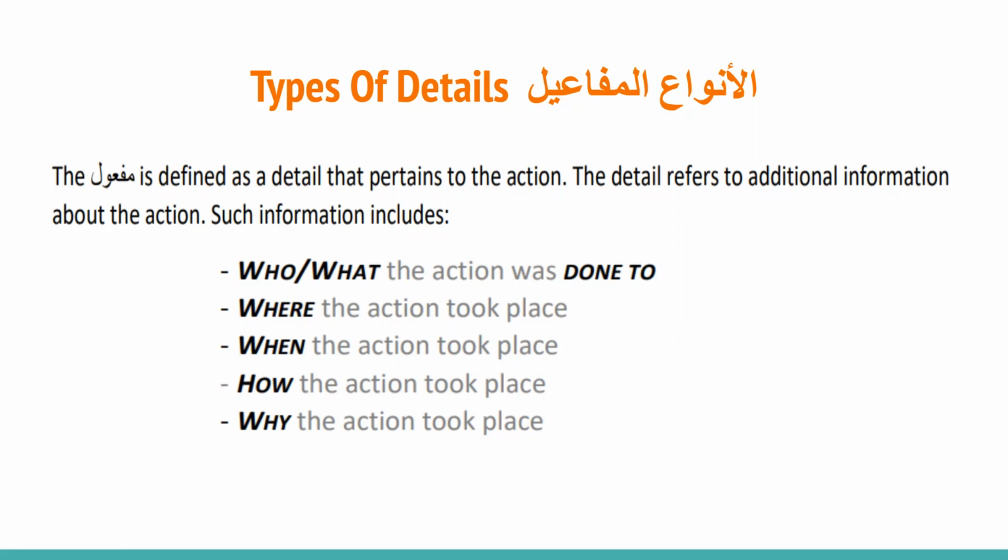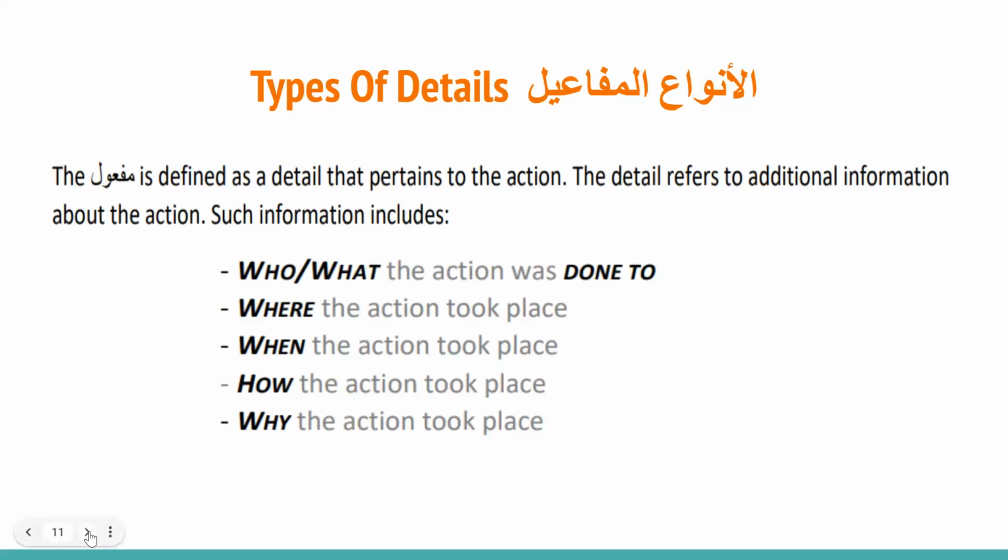And if it tells us the reason why the action took place, that is maf'ul lahu, which is also known as maf'ul li ajlihi. So up till now we are done with maf'ul bihi, maf'ul fihi, and maf'ul lahu.